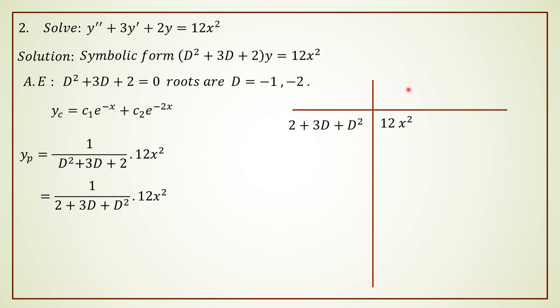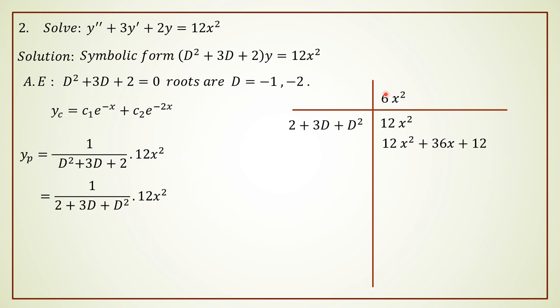So what is the term in the quotient so as to get the term 12x square? The first term in the quotient should be 6x square, isn't it? So that 2 into 6x square will be equal to 12x square, right? So you got 12x square plus 3 into differentiation of 6x square.